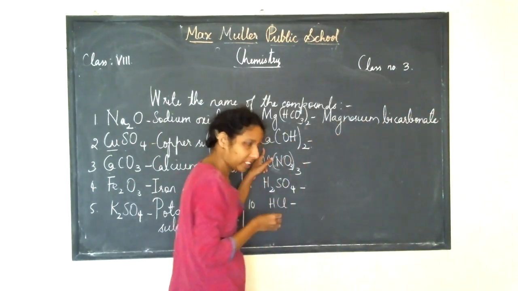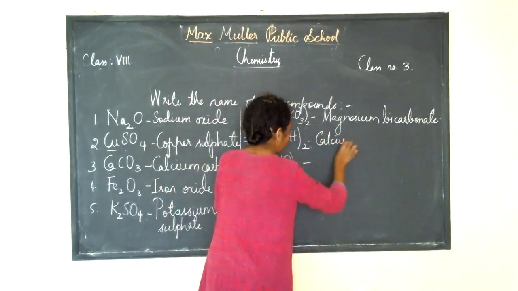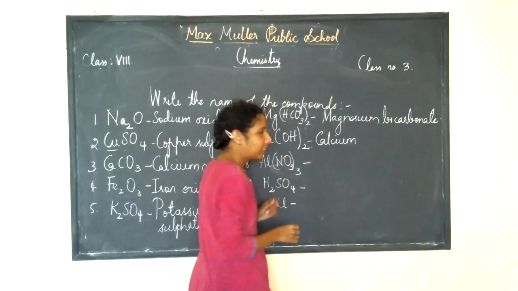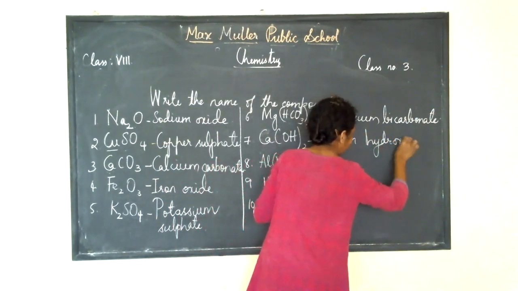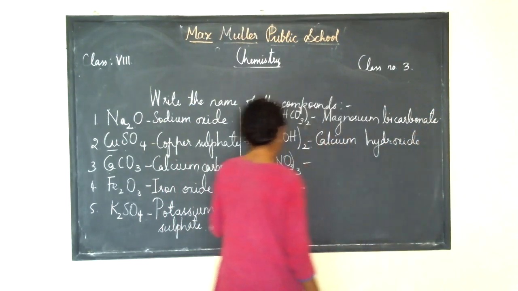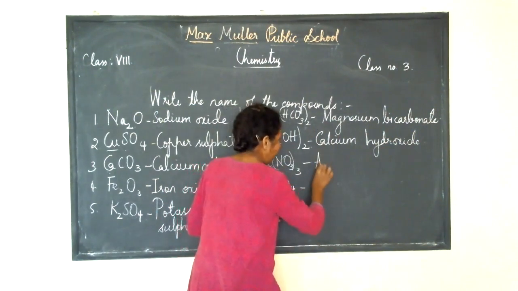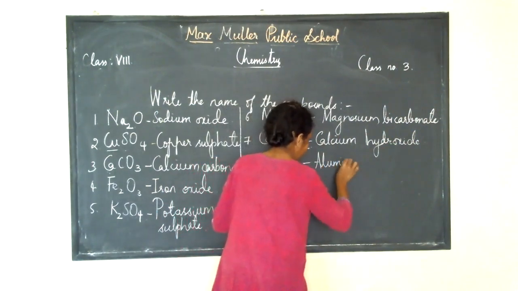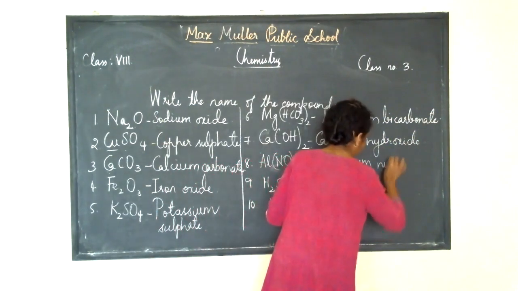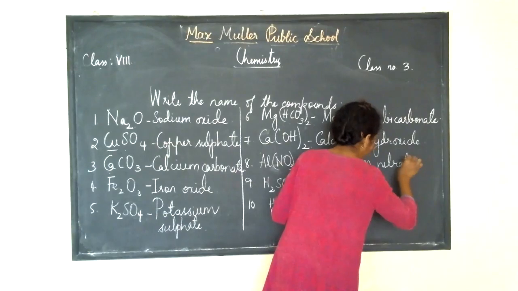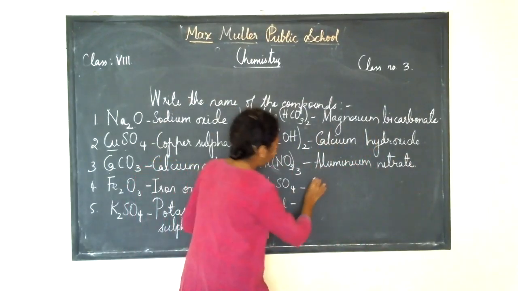Ca(OH)2, Ca calcium. OH means hydroxide. Al(NO3)3. What is it? Aluminium nitrate.